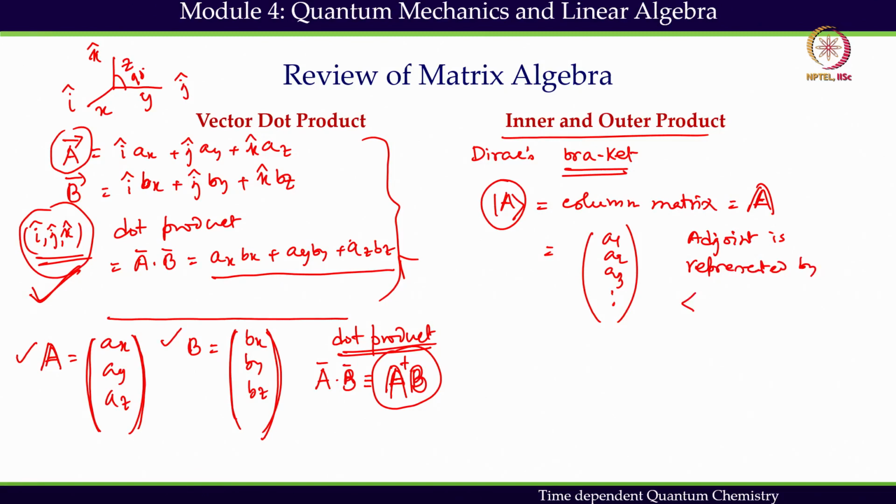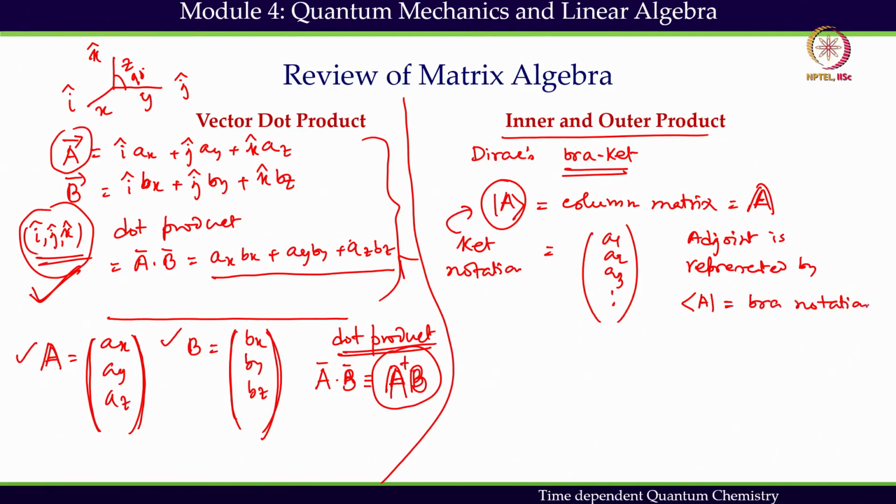This is ket notation, and this is now bra notation, and that is nothing but in the matrix form the adjoint of it, which means it is A1 star, A2 star, A3 star like this. It becomes a row matrix.